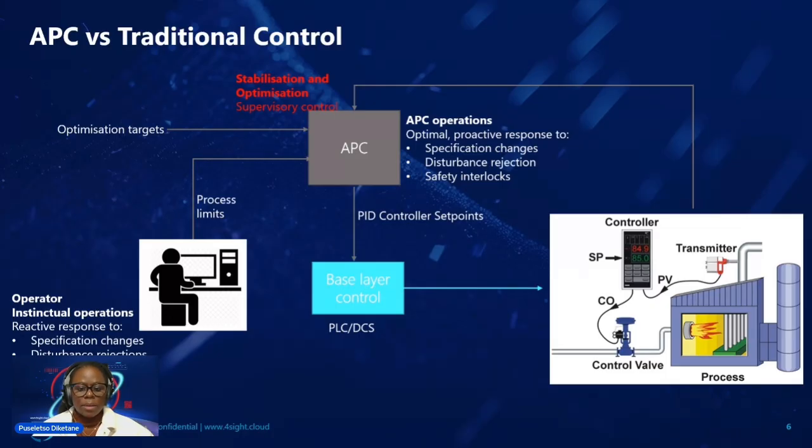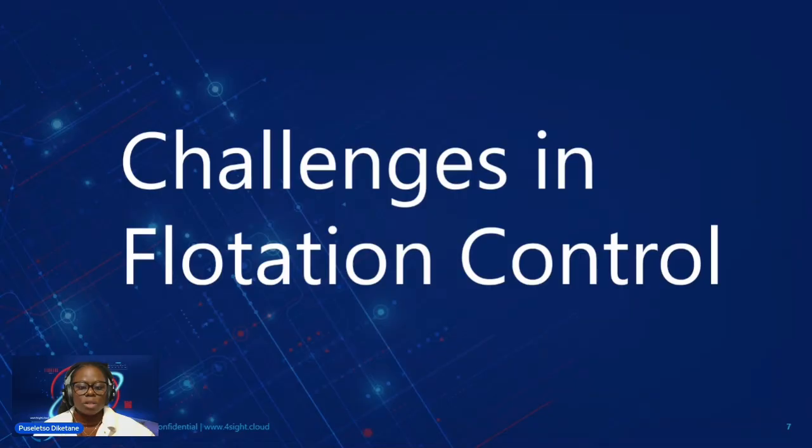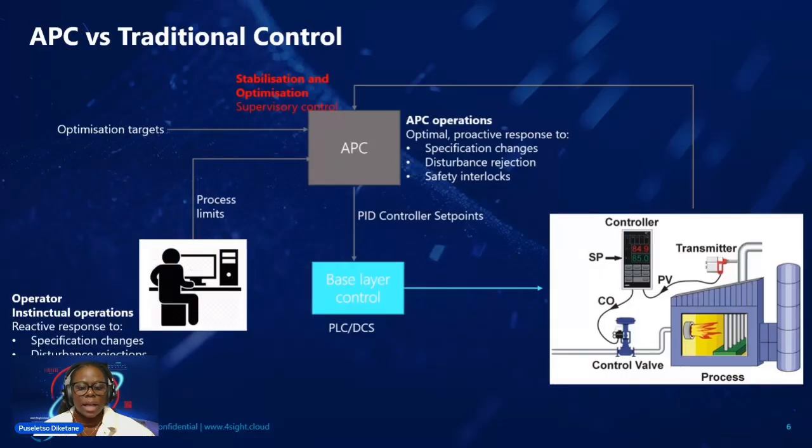Through this measure, the APC is able to ensure that we continuously maintain stability within our process, so that we have more time to push the process towards its economically beneficial region and not focus most of our energies on prioritizing stability within our process.